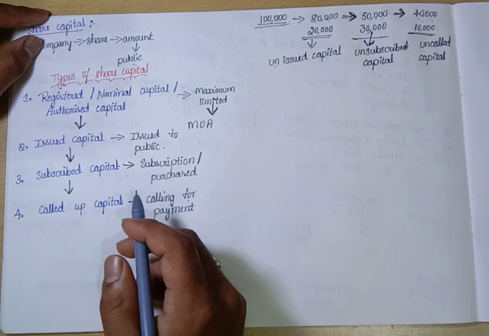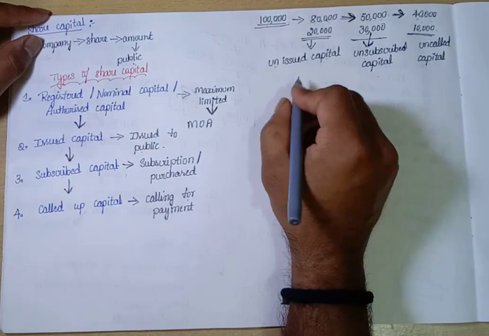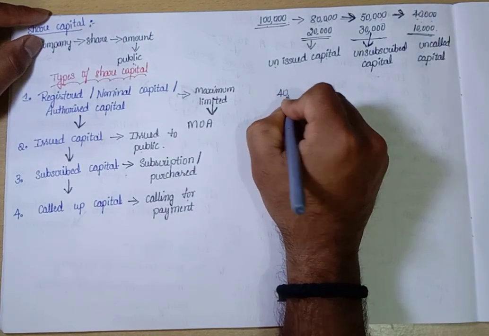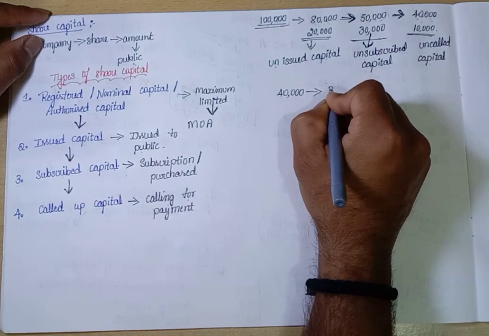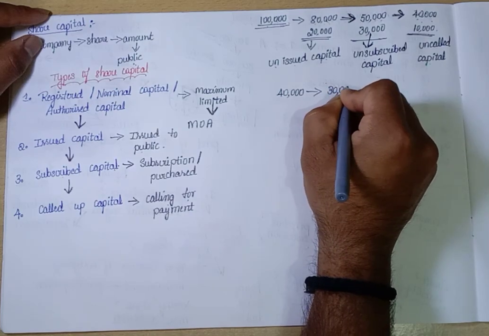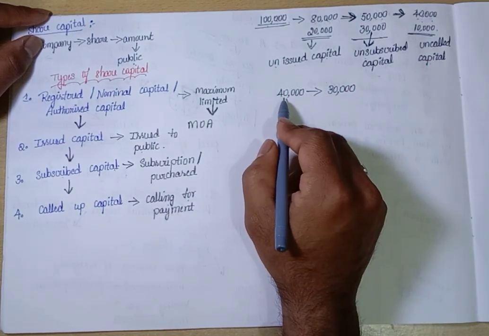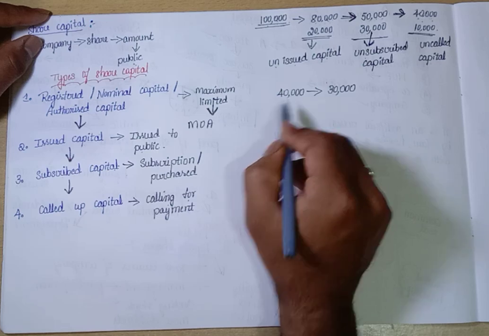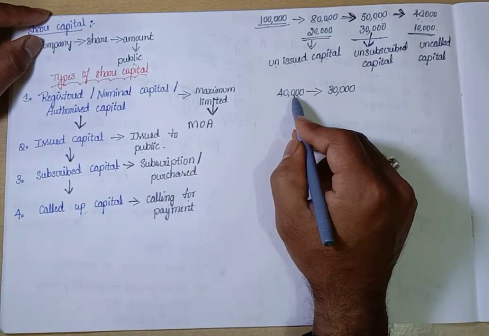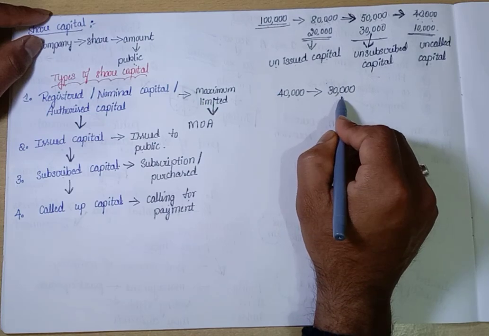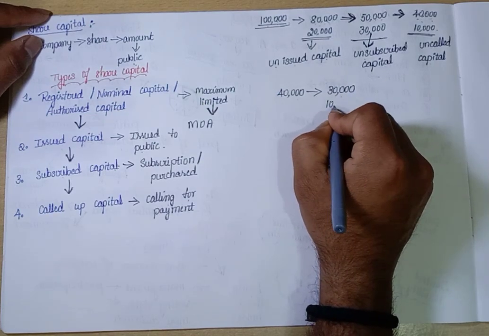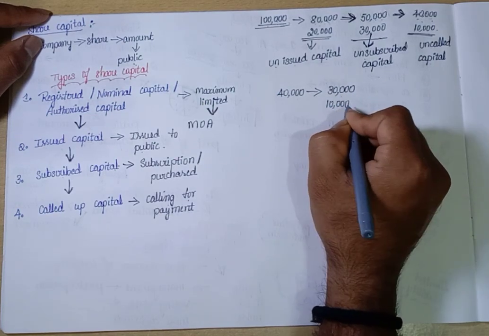Then out of that 40,000, the public may immediately pay 30,000 rupees. I am calling them to pay 40,000, which is called up capital. But out of this 40,000, they are paying me only 30,000, and the remaining 10,000 they are not paying.